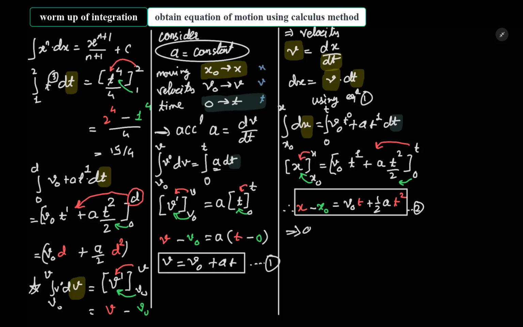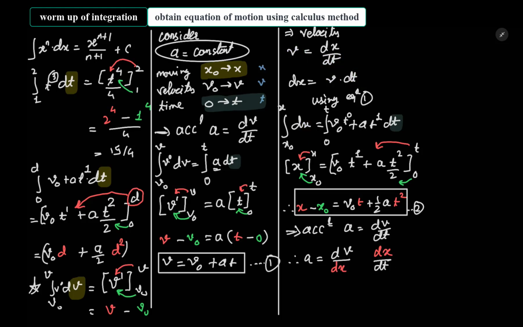So again we will use the definition of acceleration. a is equal to dv by dt. Now here we will apply the chain rule. We can say we are multiplying and dividing by dx, but it is wrong. But still we will get dv by dx and dx by dt.